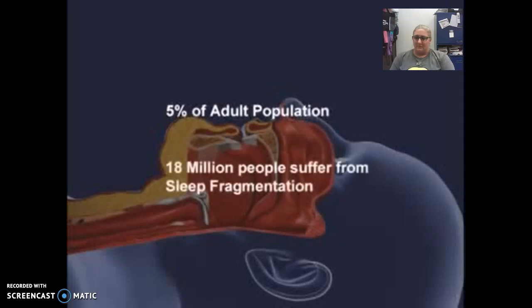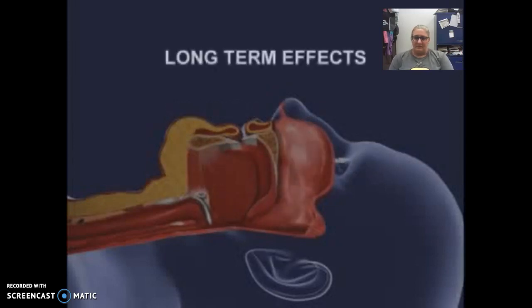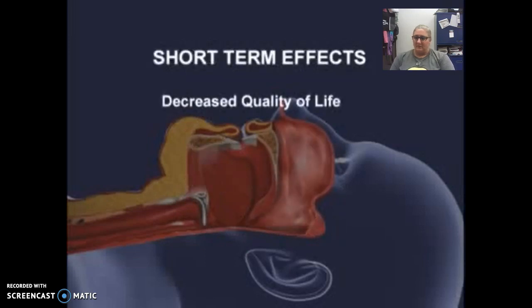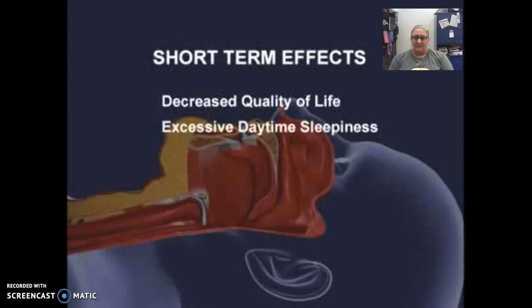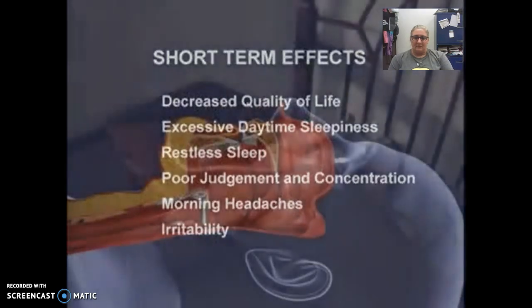Approximately 18 million people suffer from sleep fragmentation, resulting in chronic daytime sleepiness. Left untreated, long-term effects of OSA include hypertension, stroke, cardiac arrhythmias, and myocardial infarction. Short-term effects include decreased quality of life, excessive daytime sleepiness, restless sleep, poor judgment and concentration, morning headaches, and irritability.